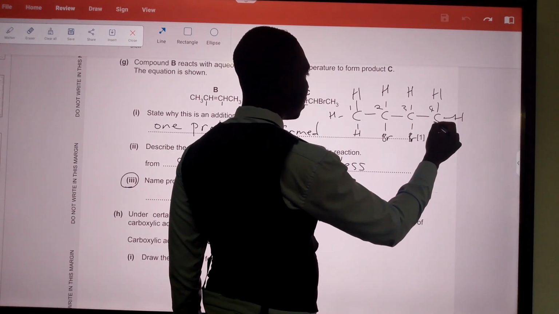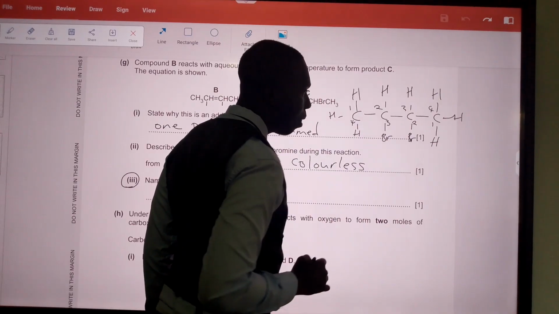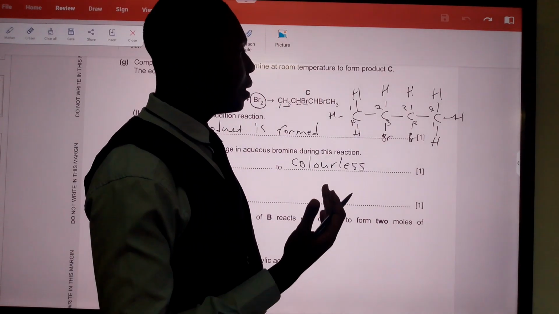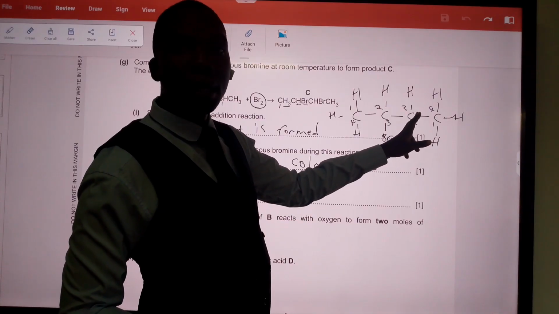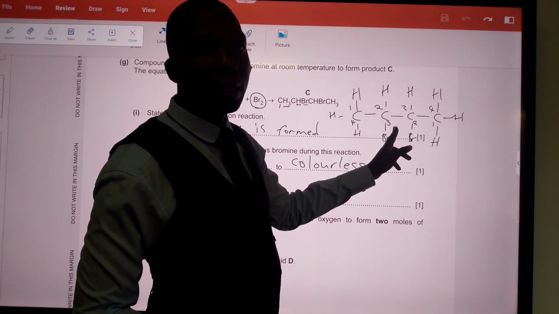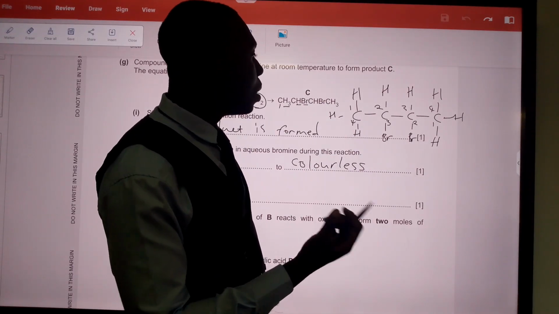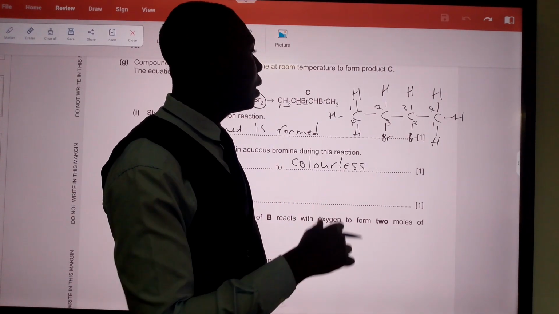From the other side, this is carbon number 1, 2, 3, and 4. So from either direction, the carbons with the bromine atoms are always carbon number 2 and 3.